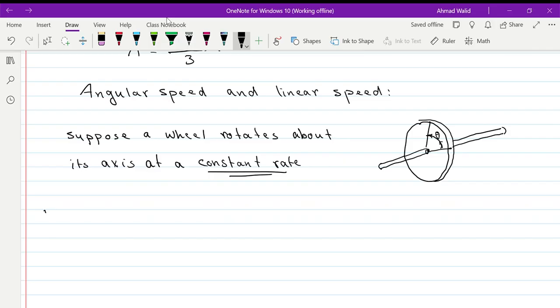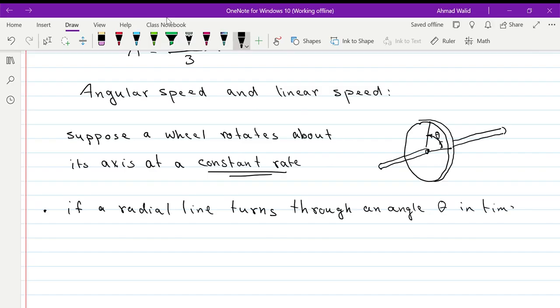Now, two things. If a radial line turns through an angle theta in time t, then we use this Greek letter.